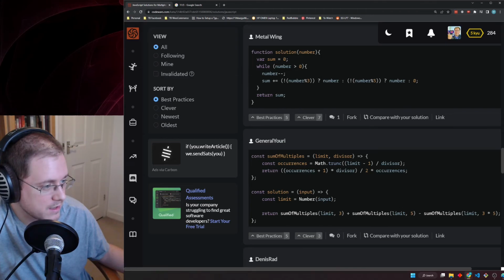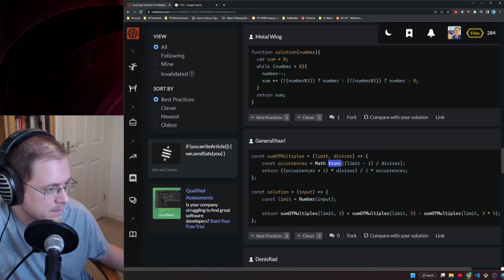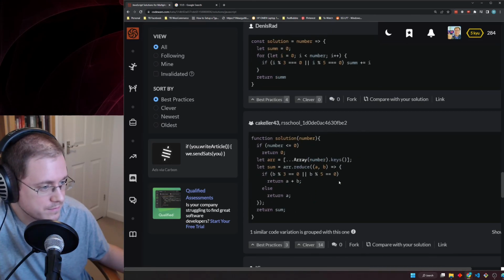Ah, here we go. Yeah, this is using the triangle number solution, I think. Yeah, this is basically doing what I did. Yeah, so, okay, trunc. I've not used trunc. I assume it's some kind of floor thing. Cool. But there we go then.